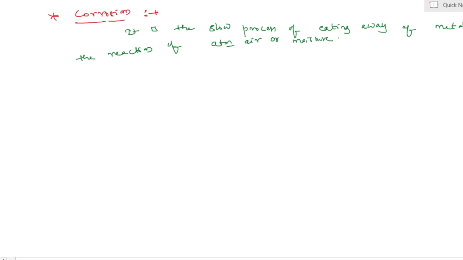The process of corrosion. Yes, my dear students, here some prevention measures of corrosion are also there.